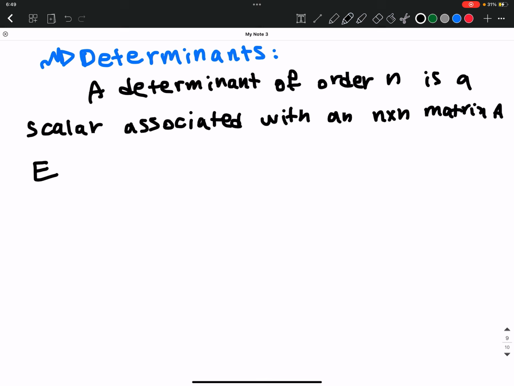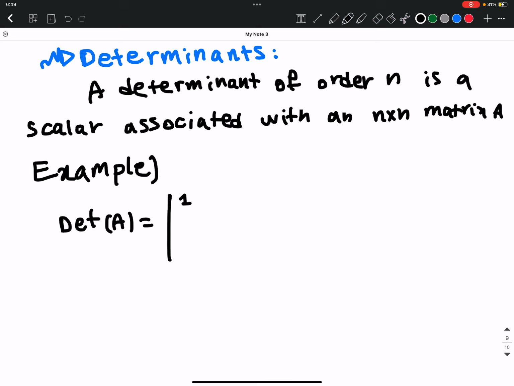So let's calculate it for an example. I have a matrix and I want to calculate its determinant. It's a 3 by 3 matrix, and the matrix I have is 1, 3, 0, 2, 6, 4, minus 1, 0, 2.